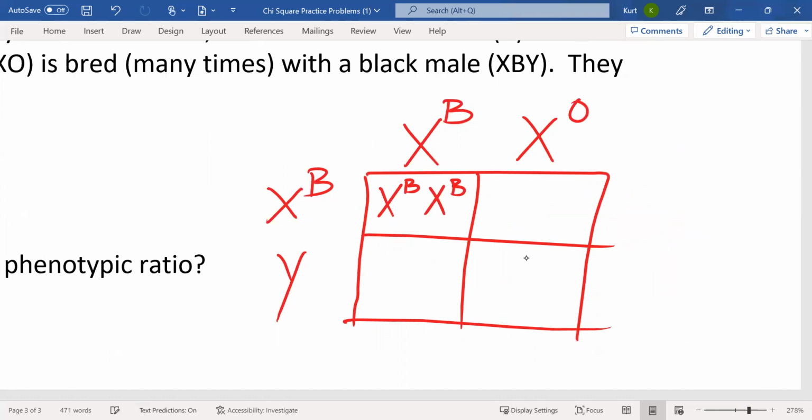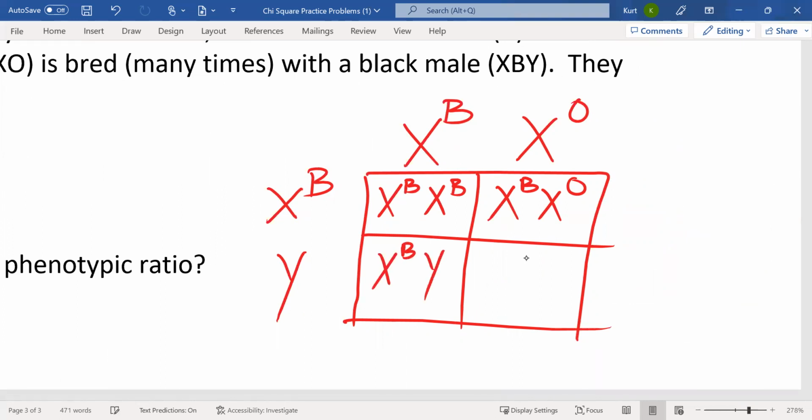Male or female? What color? What genotype? They're both dominant. B and O are dominant. You would have to say homozygous black. What is this? Male or female? Female. What color? Calico. What genotype? That's heterozygous.